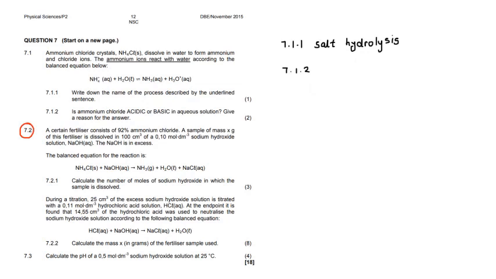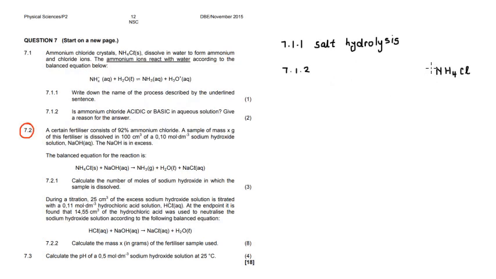Also, all salts are ionic compounds, so they completely dissociate when dissolved in water. So whenever you're asked, is a salt acidic or basic, you need to work backwards and figure out where that salt came from.